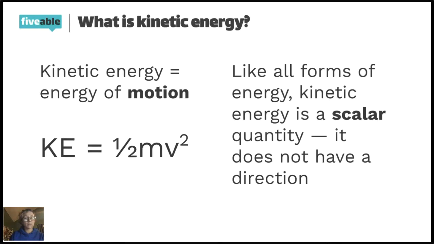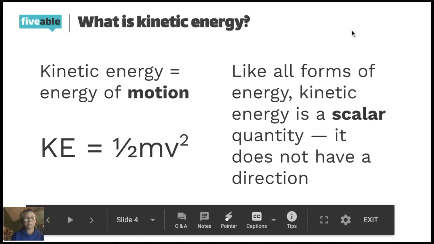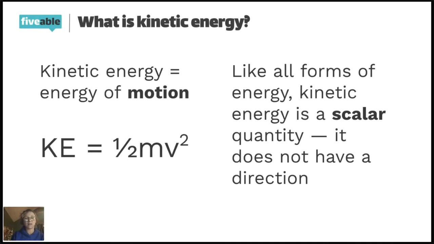Like all forms of energy, kinetic energy is a scalar, which means it doesn't have a direction. And if you look at the equation, we see velocity in here, and velocity does have a direction. So you could have a positive velocity or a negative velocity, but once it's squared, that will go away. And so you will end up with a quantity that is just a scalar quantity.